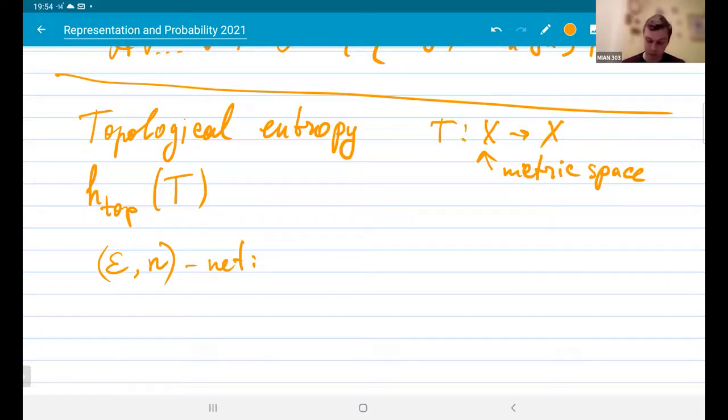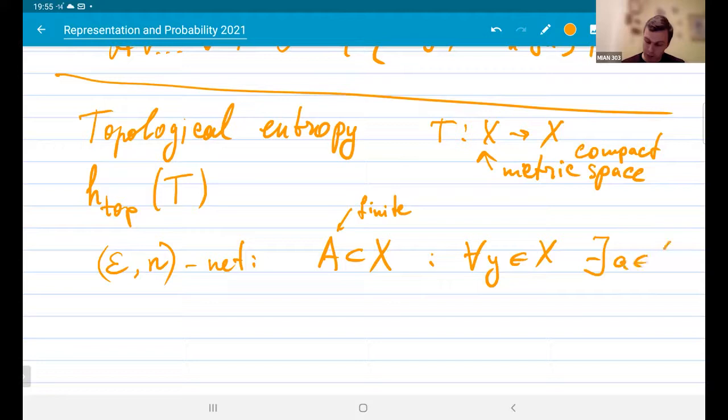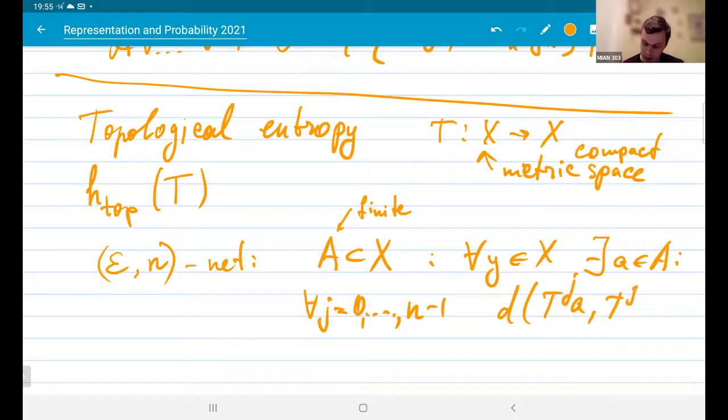The set A, compact, of X, is finite, in fact, such that for any y in X, there exists a in A such that for any j from 0 to n minus 1, the distance between T^j(a) and T^j(y) is less than epsilon.